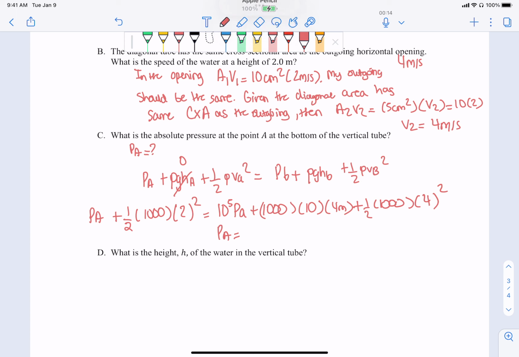We can just subtract this term over, and then we'd have everything set equal to PA. And that's our absolute pressure, right? There's a difference between absolute pressure and gauge pressure. So your gauge pressure would just be whatever you get for PA minus 10 to the 5th pascals. Because your gauge pressure is equal to whatever pressure you're looking for minus 1 atmosphere, basically, which is 10 to the 5th pascals.